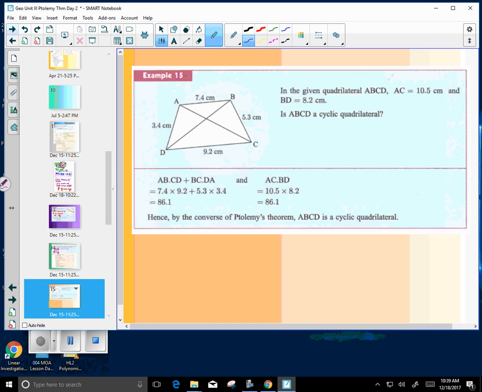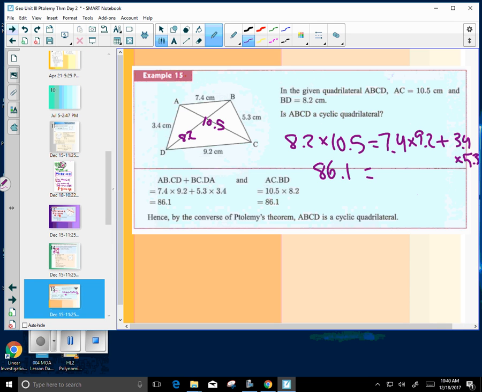So AC, they're saying AC is 10.5 and BD is 8.2. So 8.2 times 10.5 should be equal to 7.4 times 9.2 plus 3.4 times 5.3. And if you help me out here, get your calculators out. 8.2 times 10.5, that's going to be 86.1. Would you take your calculators, tell me what this product and this product are?